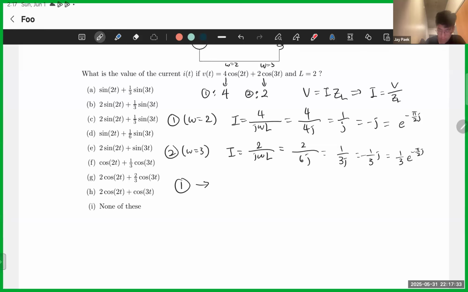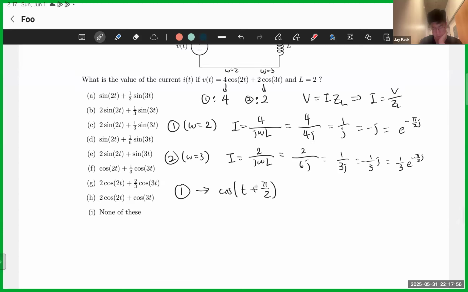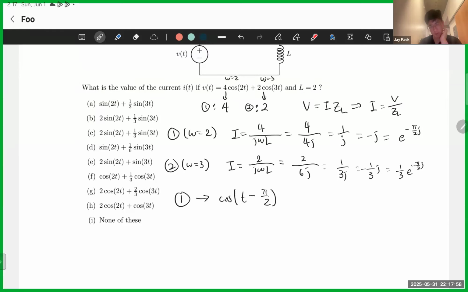The phasor form obtains us a cosine function that is t plus pi over 2. Oh, sorry, no, it should be t minus pi over 2. Sorry, I always get confused on this part. I just need to make sure it's consistent with my intuition. Yeah, it should be t minus pi over 2.